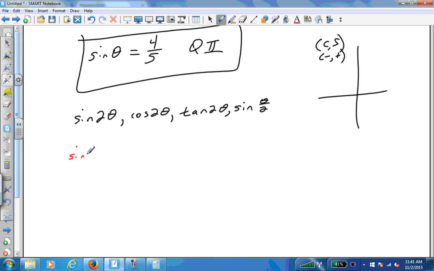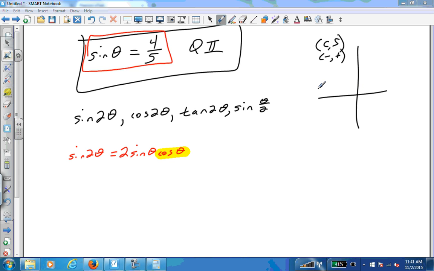So sine of twice an angle is 2 sine of that angle cosine of that angle. So that's our double angle identity for sine. We know sine of the original angle. Do we know cosine of that original angle? No, but that's something we do have to know. Now there are several different ways we can find cosine of that angle.